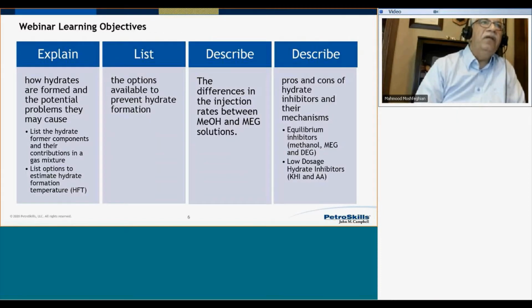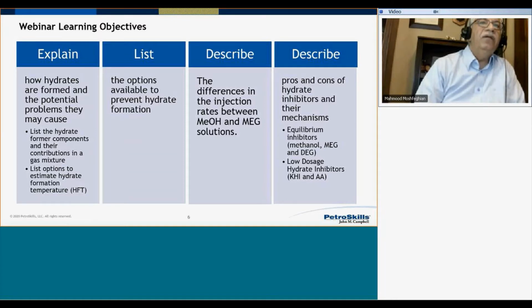So here are the learning objectives for our seminar today. First, we're going to explain how hydrates are formed and the potential problems they may cause. We also list the hydrate former components and their contribution in the gas mixture, and list options to estimate hydrate formation temperature, different methodologies, as well as the options available to prevent hydrate formation. And we're going to make a comparison between them, pros and cons, and discuss those.